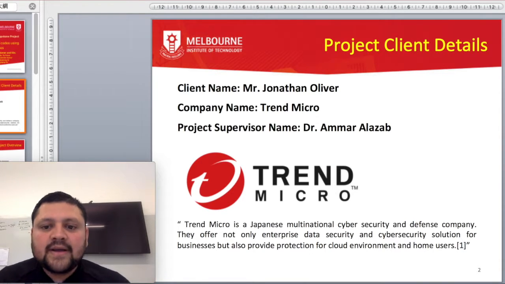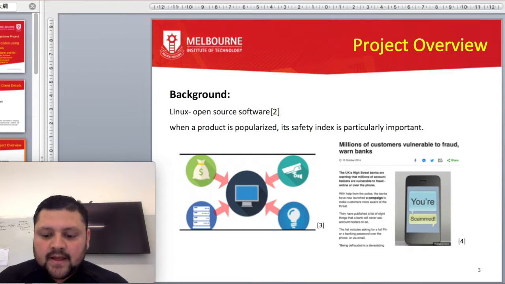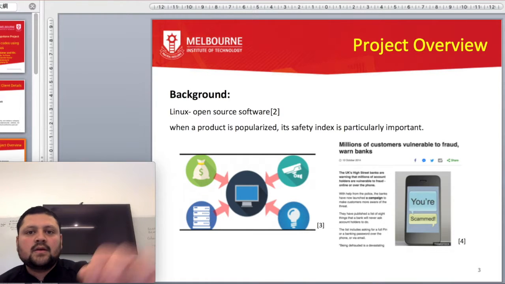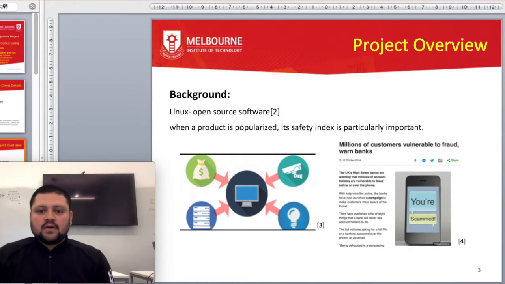My name is Jaswinder Kumar, and I'm going to give you a brief introduction about our project. As we know, vulnerabilities are most common nowadays because of the availability of open source software.